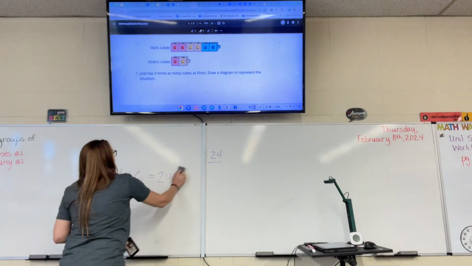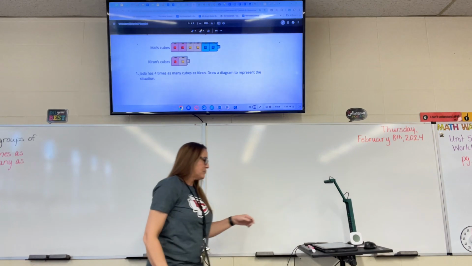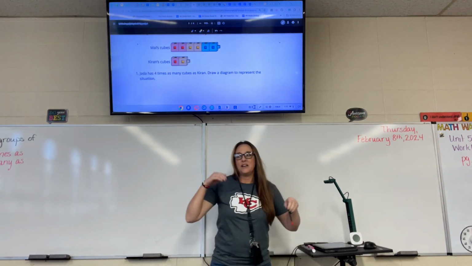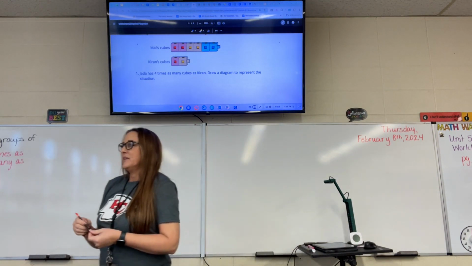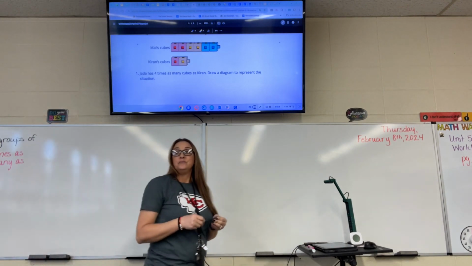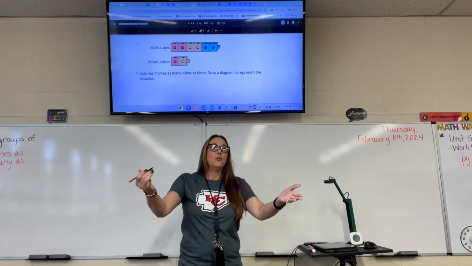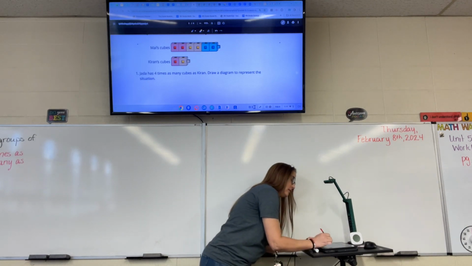They gave us a 4, but there's another number in this problem, but it's written where you have to kind of think it through. What do you think, Caitlin? 2. How did you get 2? Because it says that Jada has 4 times as many as Kieran, and Kieran only has 2 cubes. We're going to replace Kieran with the number 2.